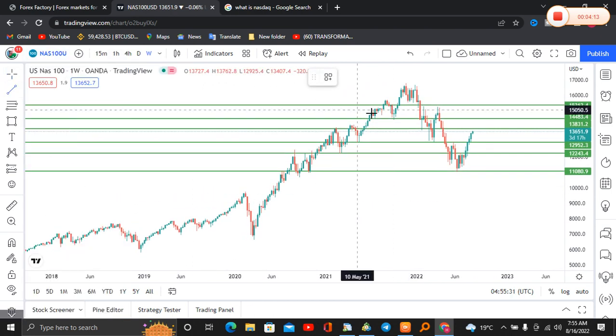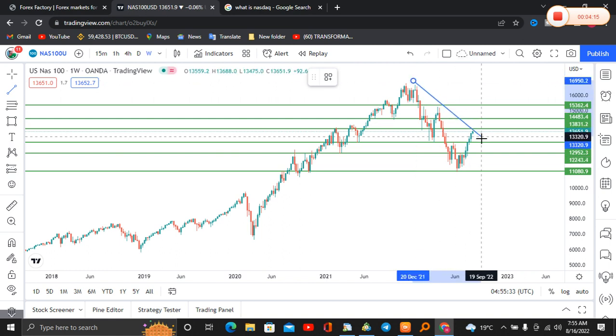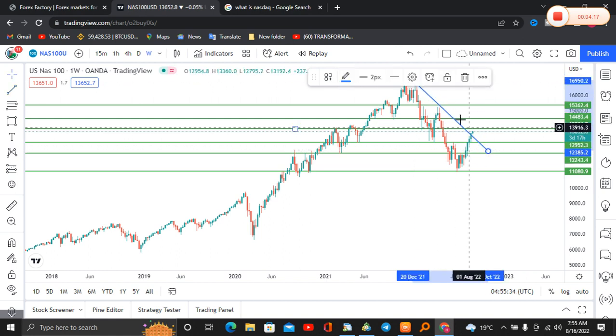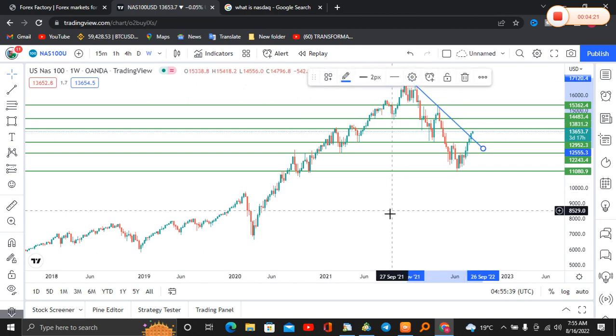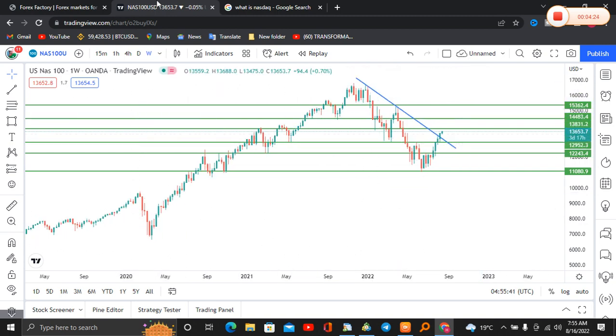Now after spotting my major market key levels, I'm going to also spot my resistance levels. So that is my resistance level. Let me also look for my support level.